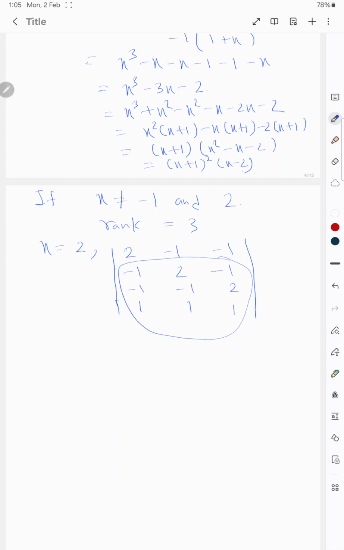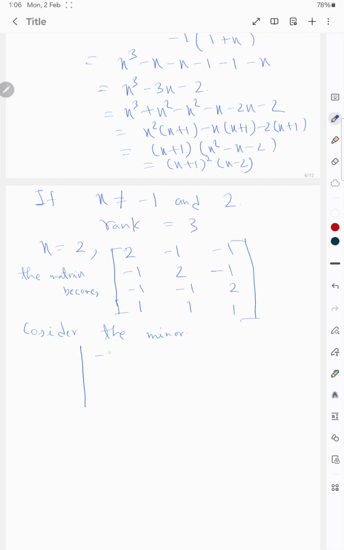Now consider a minor. For x equal to 2, the matrix becomes this one. This is actually a 6 marks problem, I think, so not just a one liner, a two liner problem.